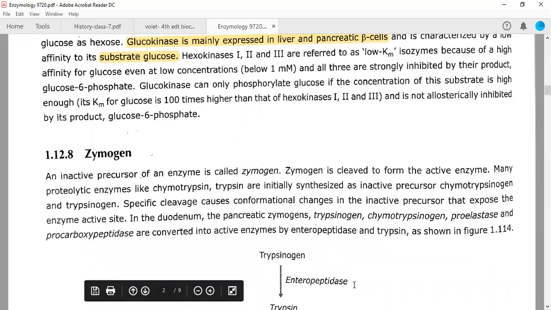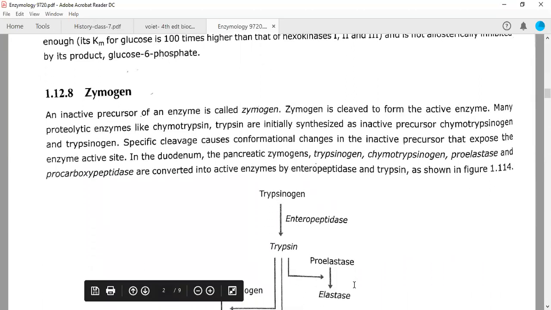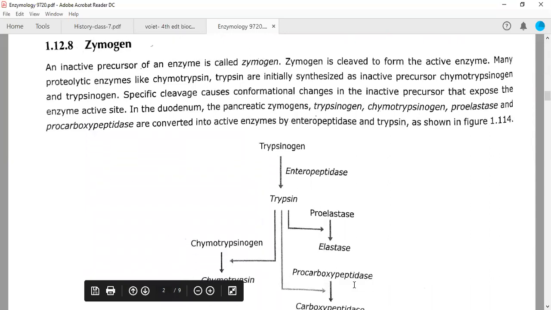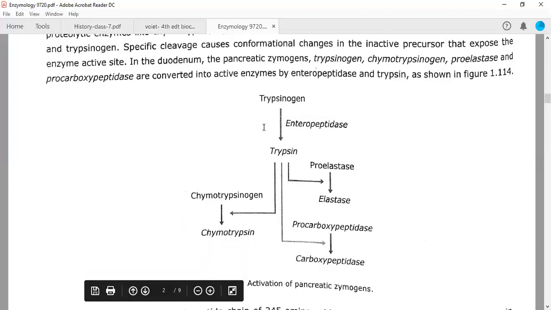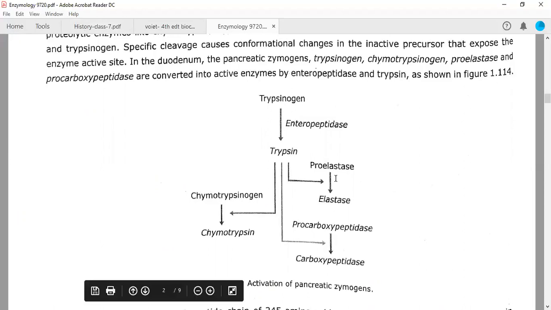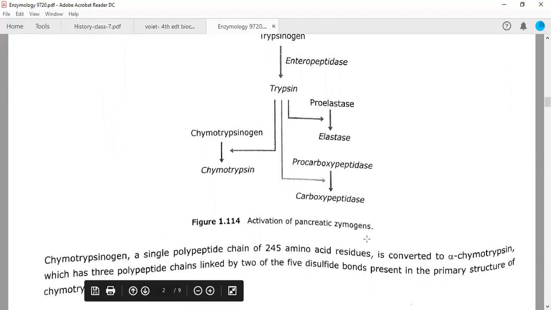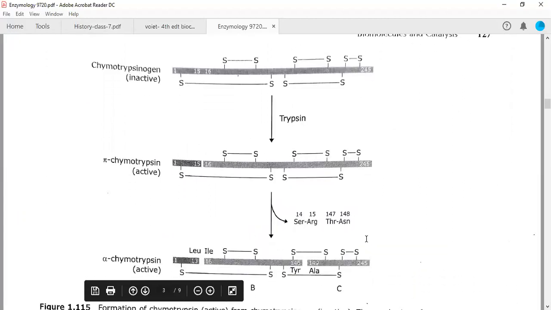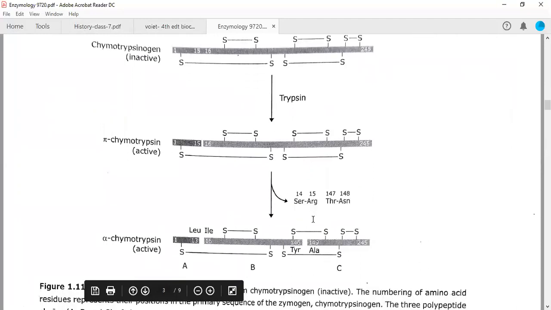For example, trypsinogen, proelastase, chymotrypsinogen, and procarboxypeptidase are all examples of zymogens. First, trypsinogen is converted into trypsin with the help of enteropeptidase, and then trypsin is responsible for conversion of all the other zymogens, proelastase, chymotrypsinogen, and procarboxypeptidase, into their active forms. And we have also discussed one mechanism of activation of chymotrypsinogen into active chymotrypsin.